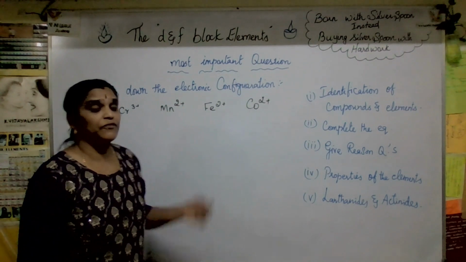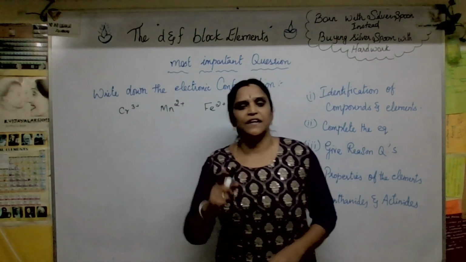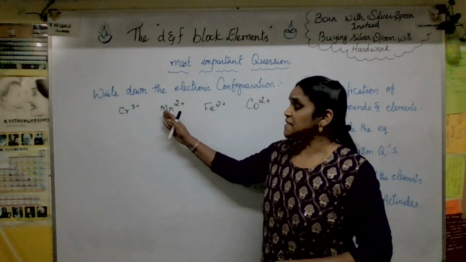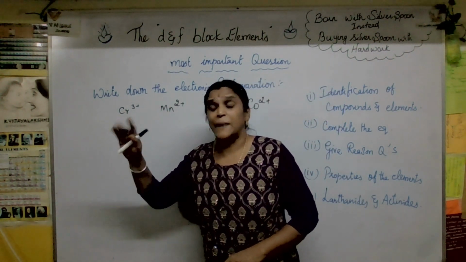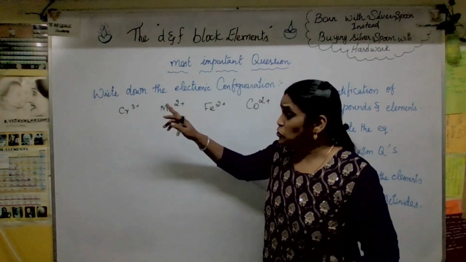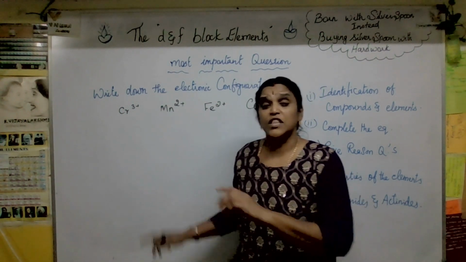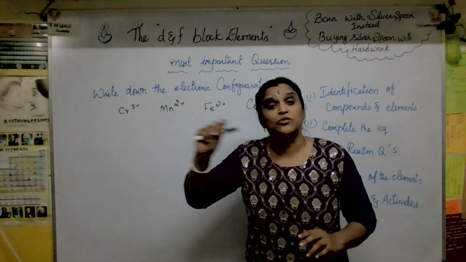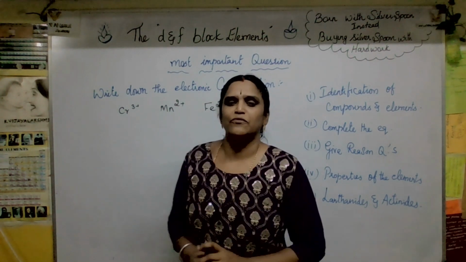Generally this kind of objective type question is asked with four options. This is an ion. The atomic number they will provide, but you should think it over there. This is chromium 3+, so that means the outermost orbital loses 3 electrons. In that way you have to select according to the four options.